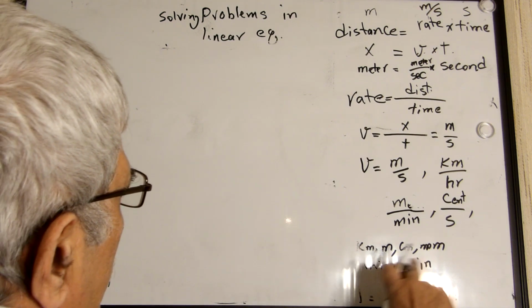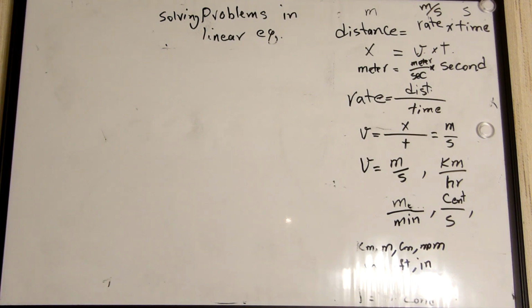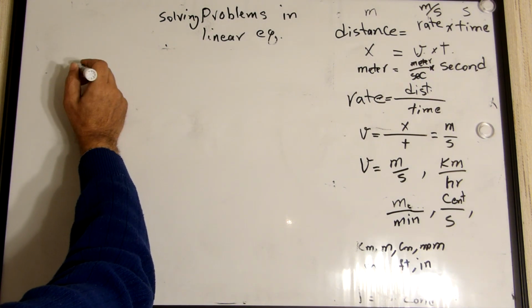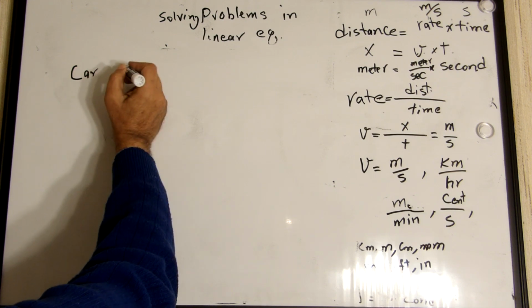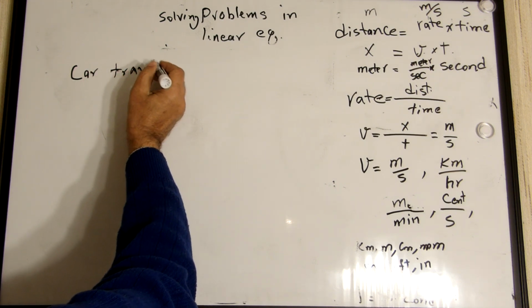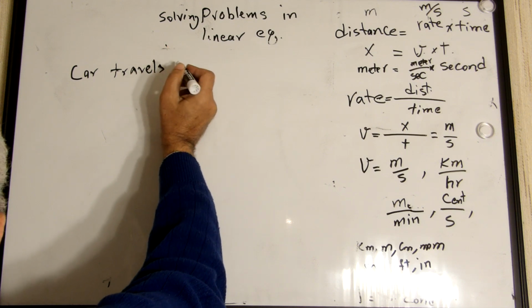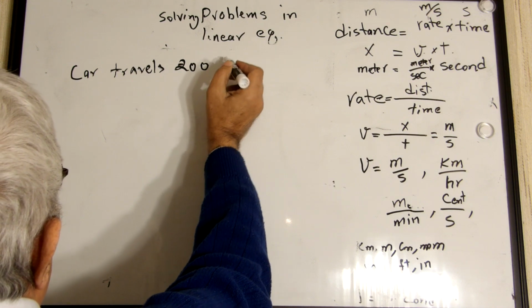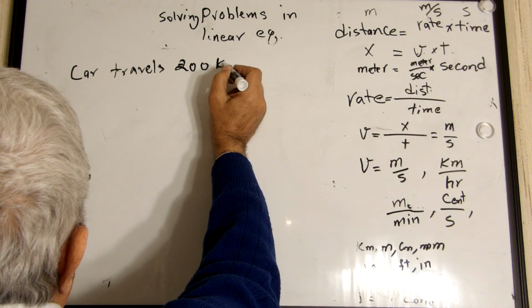The unit of distance. Now suppose that a car travels 200 kilometers.